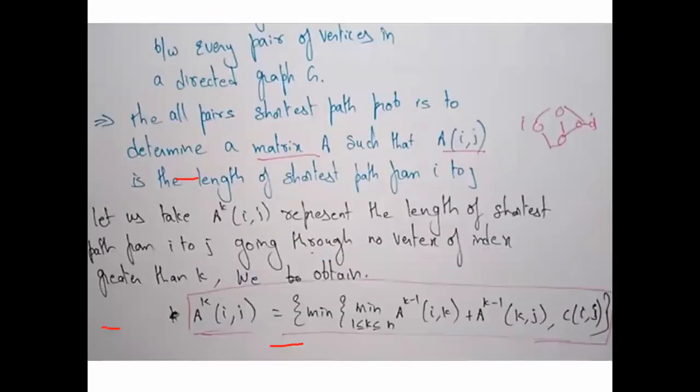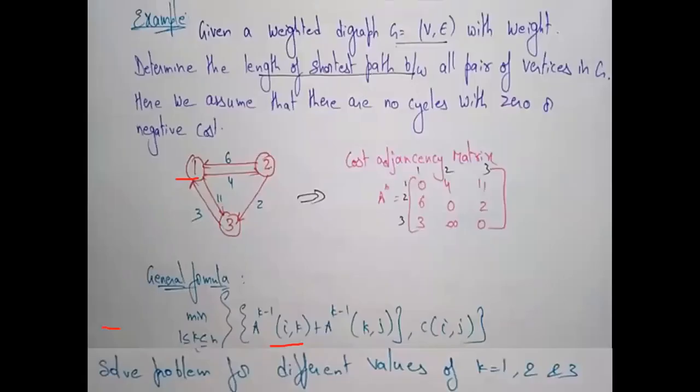Now, if you remember this equation, from the equation only we are solving the minimum cost from one pair to all other pairs. Here k equals the number of nodes. So in this matrix, how many nodes? 3 nodes, 1, 2, 3.